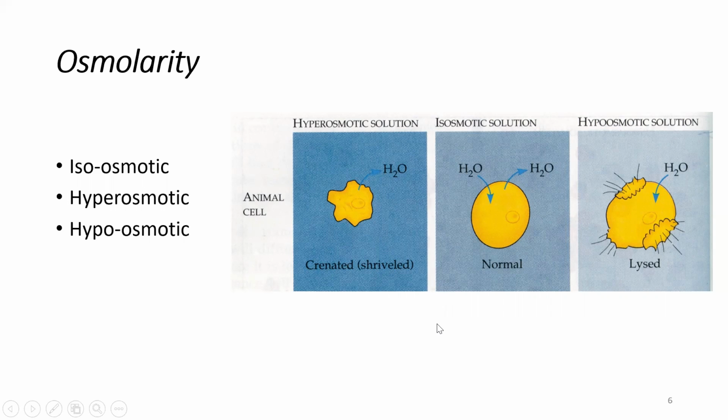In a hyperosmotic solution, we see that the cell has a higher water concentration than the outer environment, right? Because the outer environment has more solutes in it. And so we see water moving from inside the cell to outside the cell, which is according to its own gradient. And that creates this crenated cell, which shrivels up, and that's not good, right?